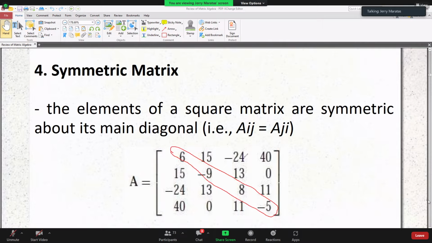If the elements outside of the main diagonal are symmetrical, as you notice with 15, 24, and so on, then that is a symmetric matrix. One of the requirements to become a symmetric matrix is that the matrix must also be a square matrix.